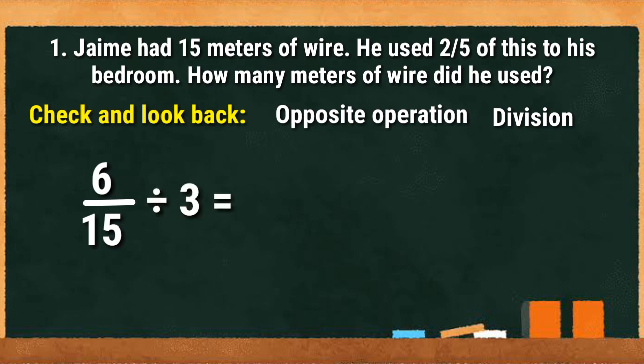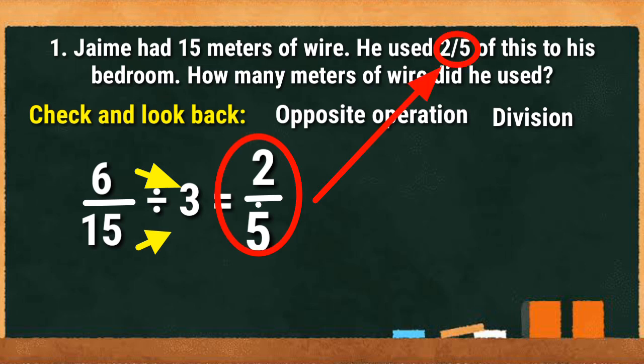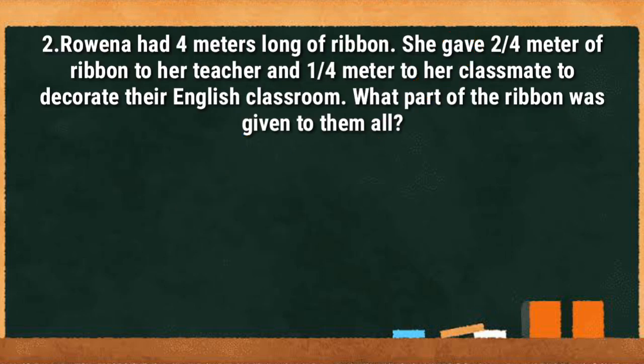So let's divide 6 and 15 by 3. 6 divided by 3 is 2. 15 divided by 3 is 5. Your answer is 2/5. Is it the right fraction? Let us check. So 2/5 means your 6 here is the correct answer. So 6 meters of wire.